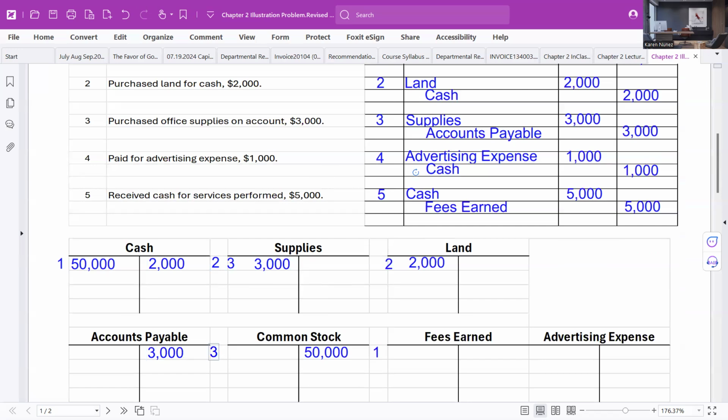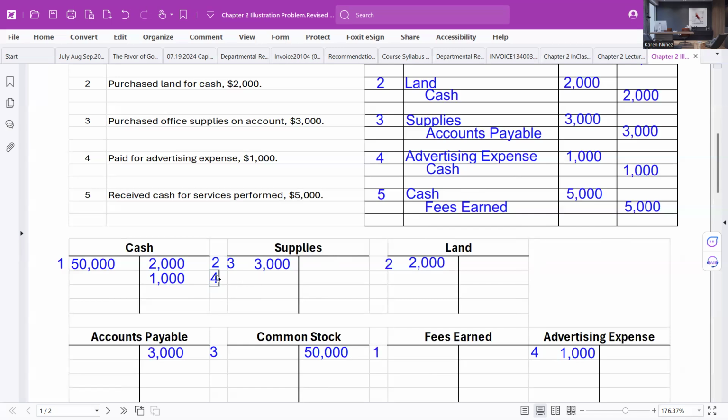And then on the fourth, we've got a debit to advertising expense. And that debit to advertising expense is for $1,000. And then we've got a credit to the cash account for $1,000, also on the fourth.